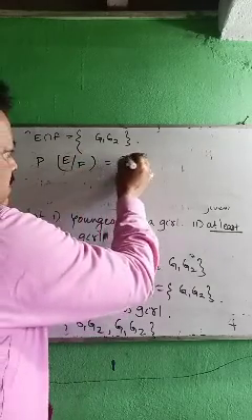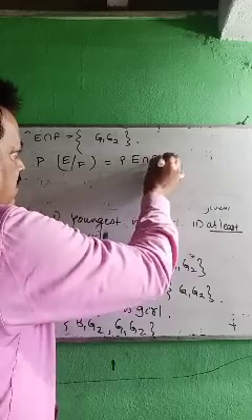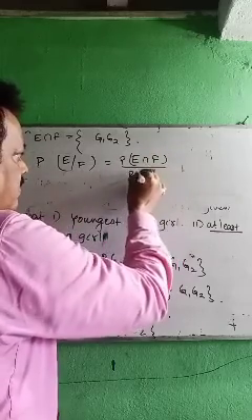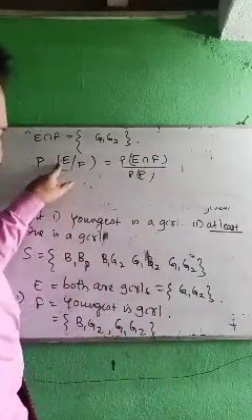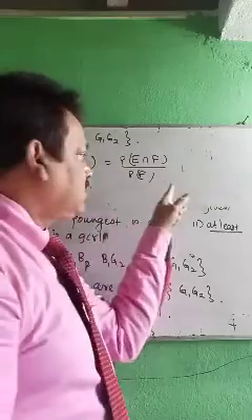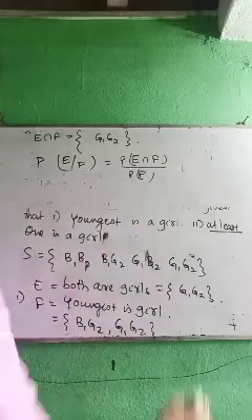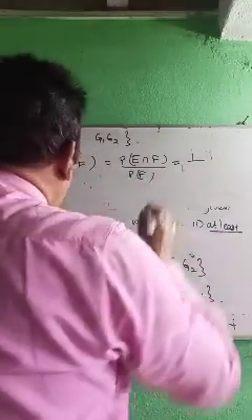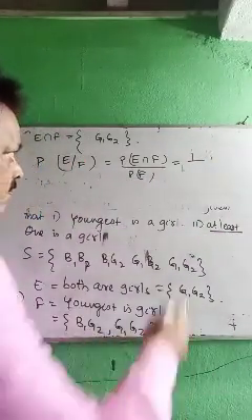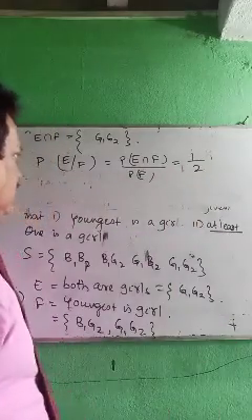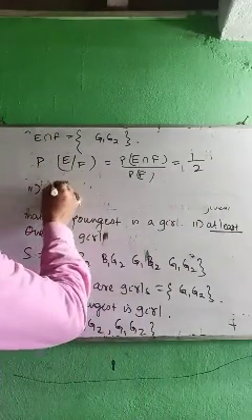So that will be E intersection F by PF. The probability remains here, condition in down. So this is the condition, youngest is a girl. So that will be one element, F has how many elements? 2, so 1 upon 2.